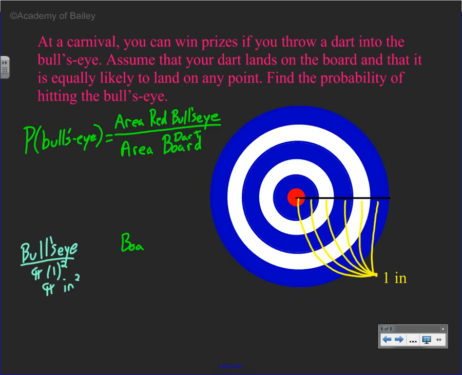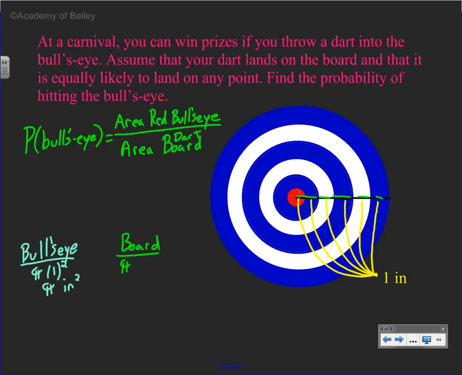The area of the board is pi times radius squared. Well, the radius here, if each one of these rings is 1 inch, what's the total here?